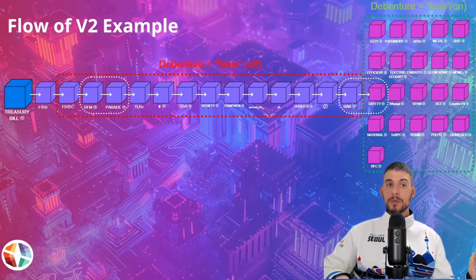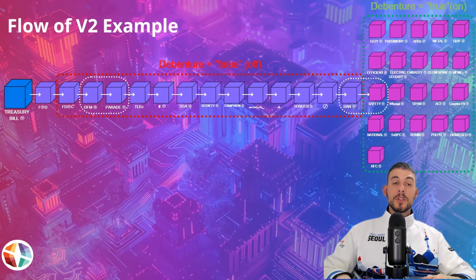So for example, if you wanted Parade, just like I showed in the previous example, you would need DFM in your wallet. And I'll show you why in just a moment. If you wanted Tellers, TLRZ, then you would need Parade in your wallet. It doesn't burn those Parade, although it does, but the supply doesn't get reduced.